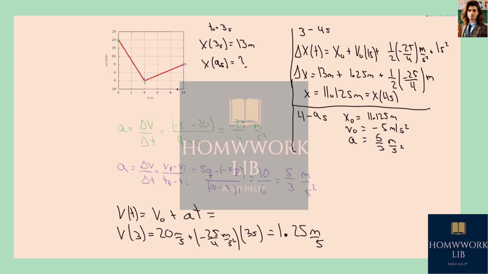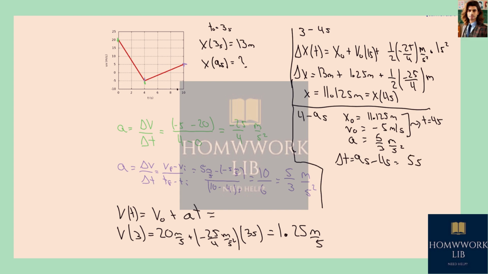Sorry, the velocity without the square, of course. Now, remember that all of these values are at time equal to 4 seconds. So the amount of time that is going to elapse over here is going to be 9 seconds minus 4 seconds, equal to 5 seconds.